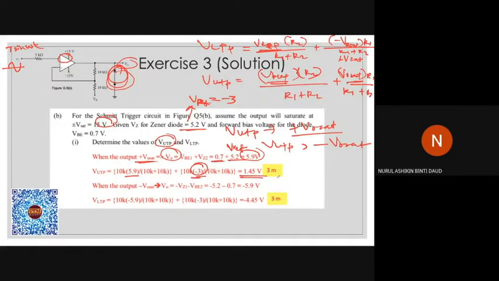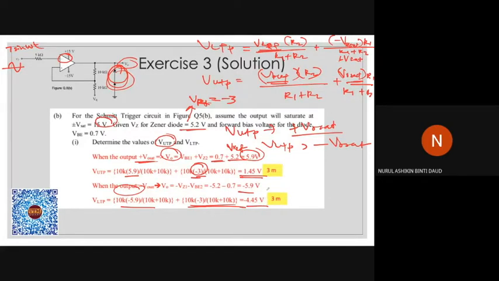For the output, it will be the other way around. Since it will be minus VO saturation, minus 5.2 minus 0.7, it will be minus 5.9. And this is the same, because it is at the reverse, it will be minus 4.45.